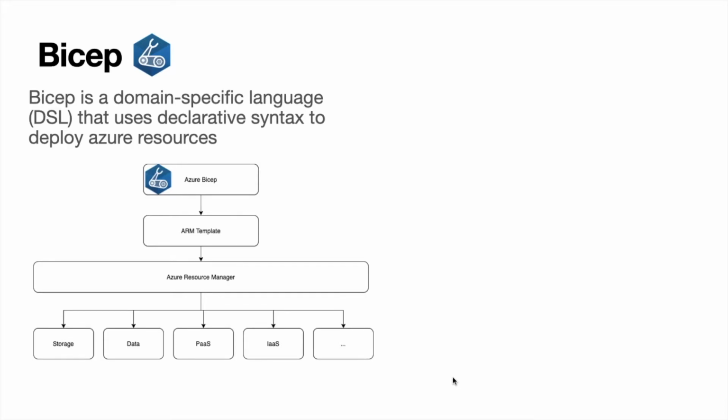Why Bicep and why do we need it? Bicep promises simple syntax to reduce the complexity you find in templates. It's definitely easier to read compared to what I've seen with templates. Bicep promises the reuse of the modules.